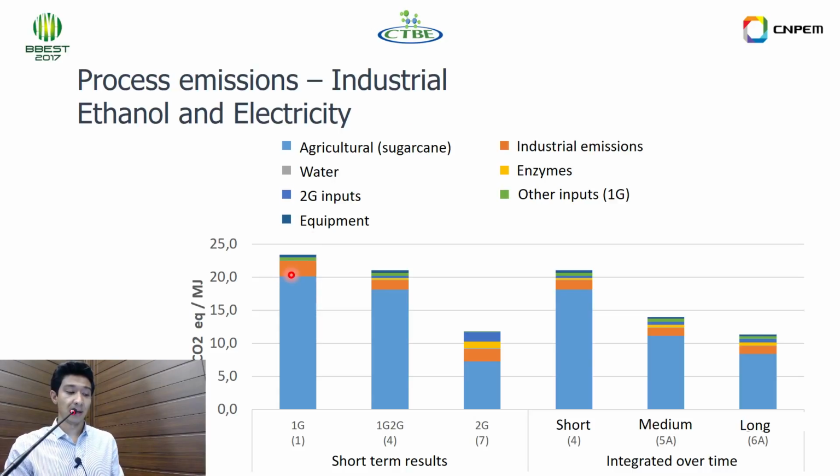We can see that the global warming potential decreases from, let's say, 25 grams of CO2 equivalent per megajoule of ethanol to a value of around 12 grams of CO2 equivalent per megajoule. And this is possible because of the reductions of impacts in the biomass production step. When we look at the integrated scenarios, the same behavior is expected. We would decrease the emissions per megajoule of ethanol from a magnitude of 20 to a magnitude of 12 in the long term.